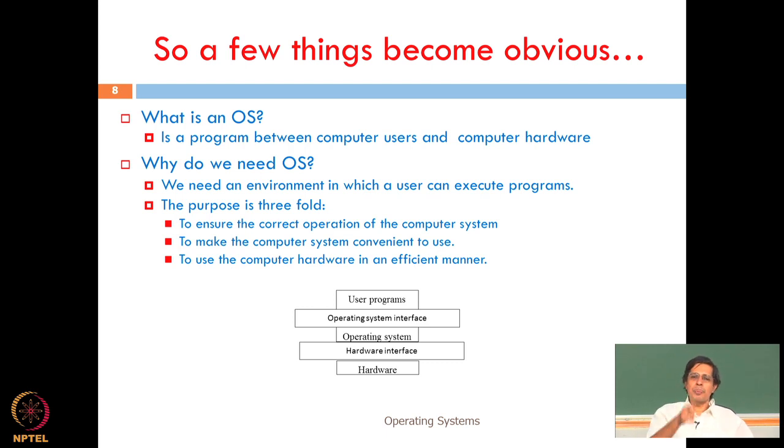If you request the operating system for an operation, it also ensures that it does the operation correctly. For example, if I want to read some bytes of a file, you just tell the operating system this is what I need, and exactly those bytes will be read and given back. So the operating system is also responsible for seeing that your operation is correctly executed. So these are some of the needs for an operating system.